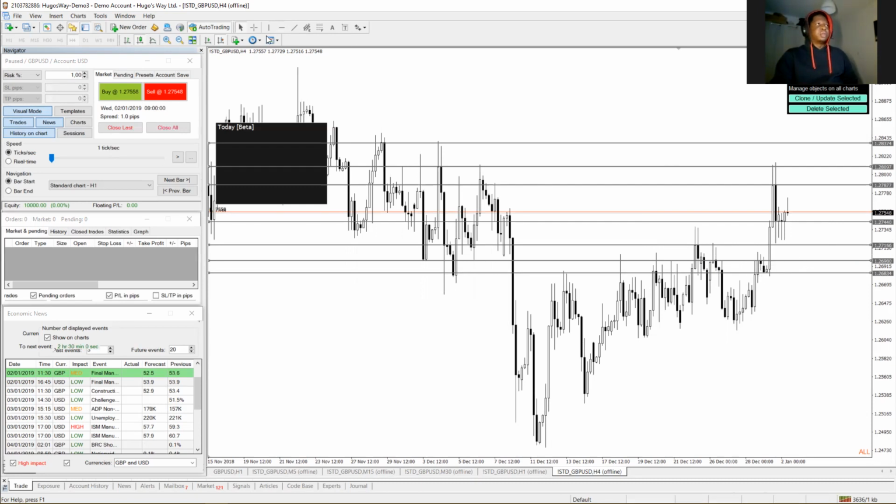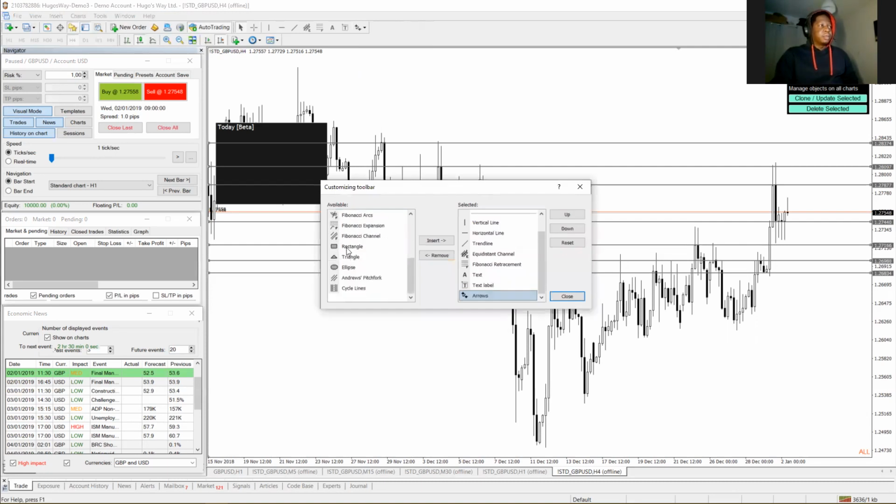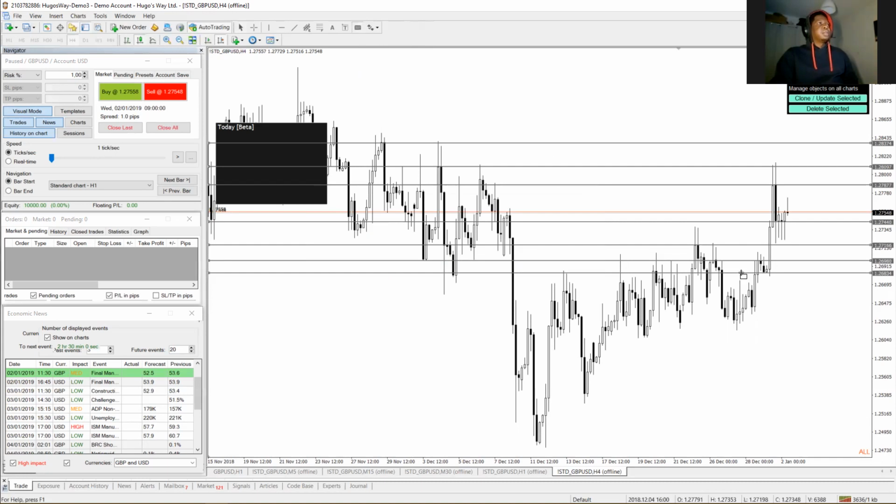We're only careful of these previous resistances. So to outline that better, let me do something here, customize. Let me add the rectangle. So I'm going to draw a rectangular box around here, just to note that this is the final target if we get sells.